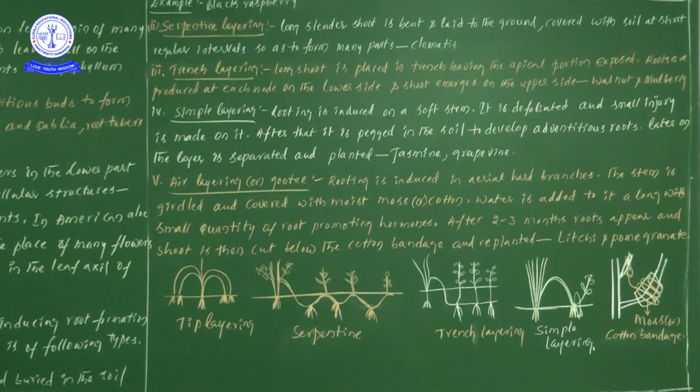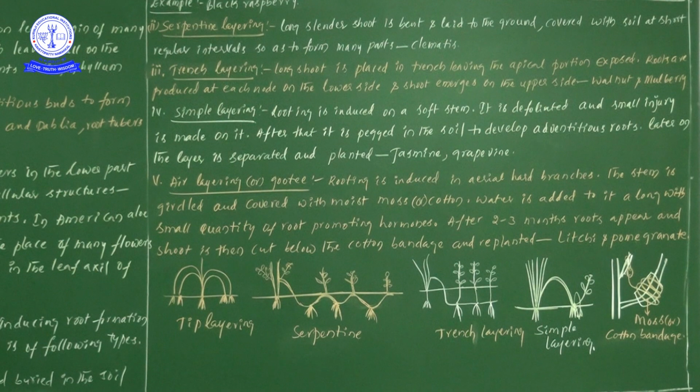This is soil level. So roots are produced at each node on the lower side, and the shoot emerges on the upper side. From the upper side we see shoot system development, and from the lower side root system development. This phenomenon we take as trench layering.